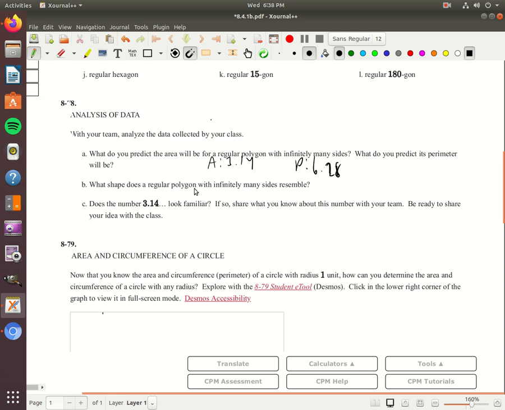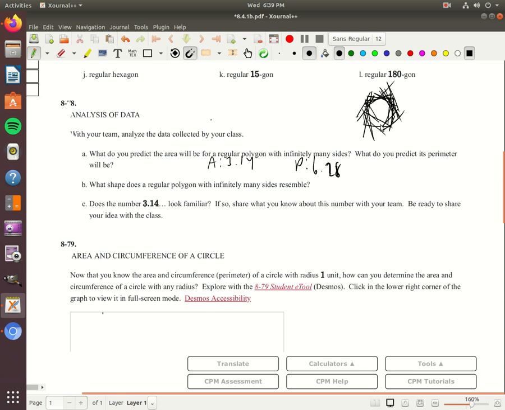What shape does a regular polygon with infinitely many sides resemble? And there's cool videos that you can watch on YouTube of people doing this. They start with the square and a table saw, and they cut, and they cut, and they just keep cutting it down. I'm not going to do a great job of this, but I hope that you begin to see a particular shape emerge the more you do this.